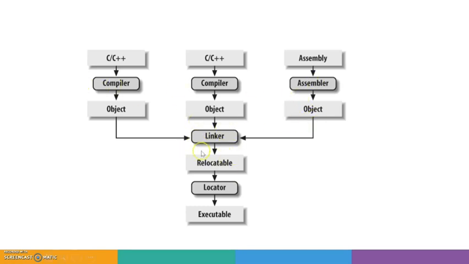Even if there are no predefined functions, the linker can also perform another function called combining of these three object codes. Then it is relocatable and it is given to a locator, and then we'll be getting an executable file. Now we'll be seeing what a locator is later on in this video.